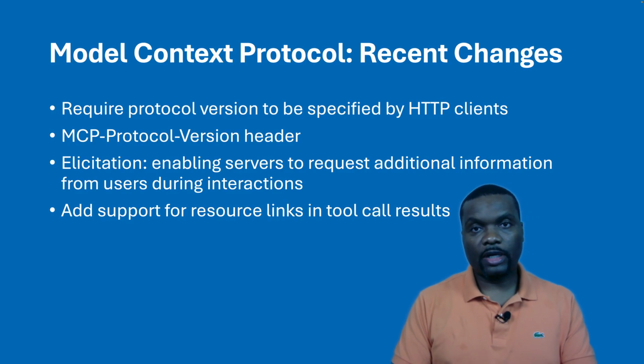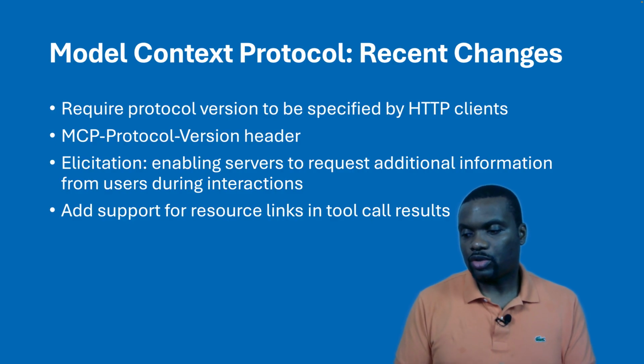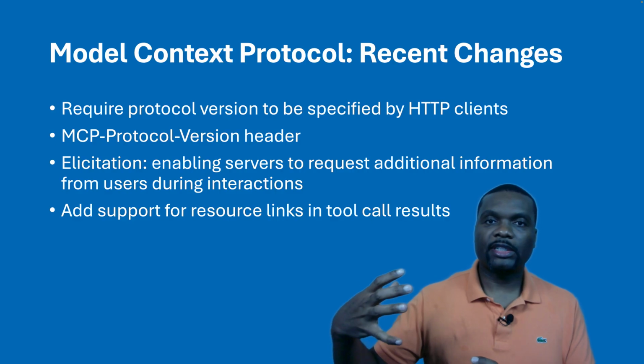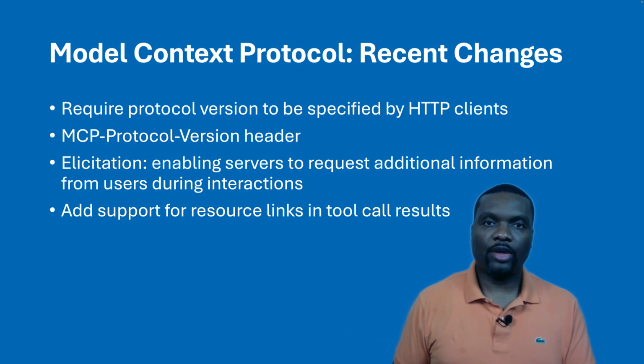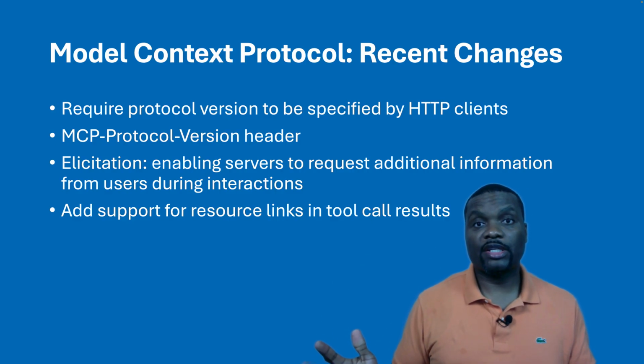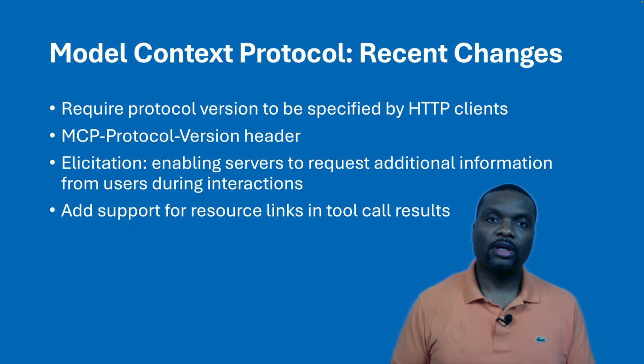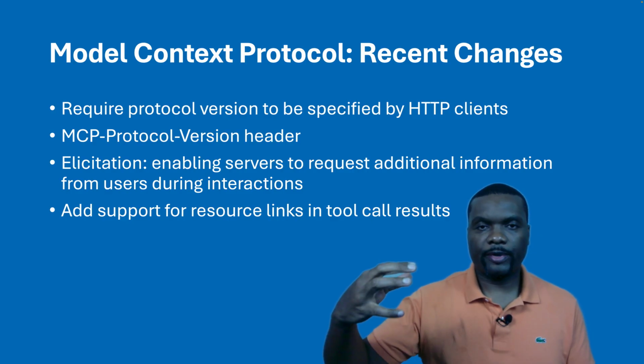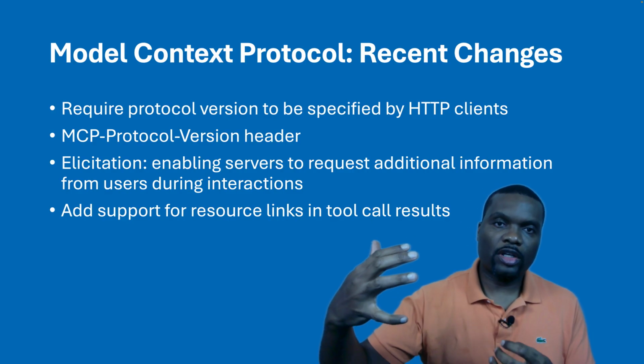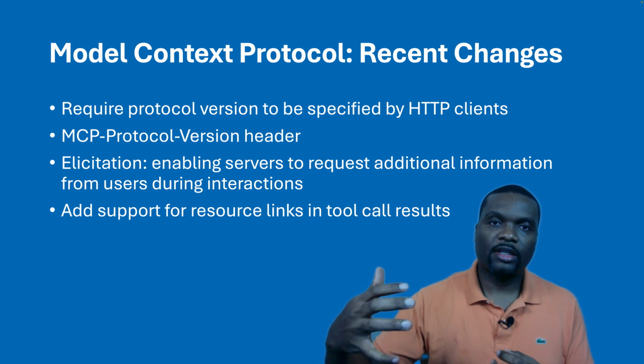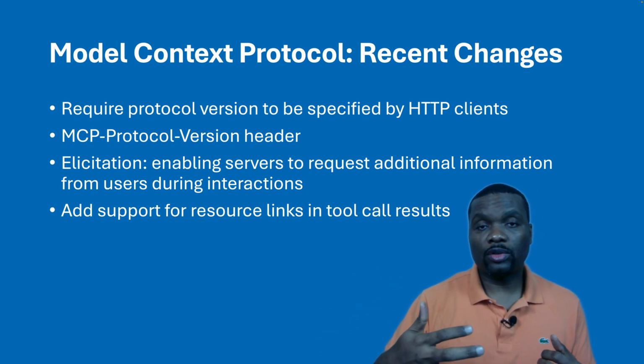There's also the ability now to specify resource links inside the tool results. This is helpful because if you are building an agent that gives back results, maybe you have 400 images that are returned, you might not want to dump the raw content or the raw response in the tool results.